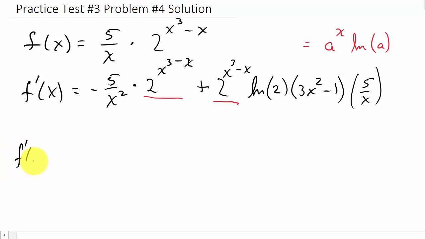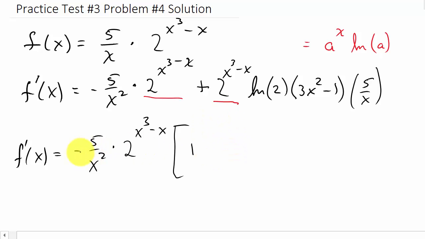So f prime of x is equal to, so let's factor out a negative 5 over x squared. Okay, then we'll factor this term out, so that's times 2 to the x cubed minus x, and let's see what we're left with. Well, here we're left with just 1.